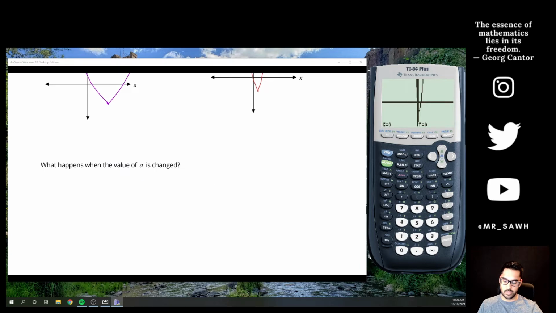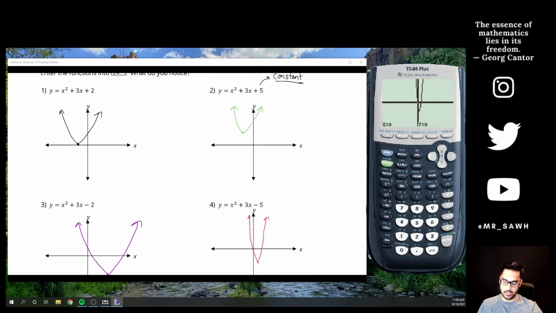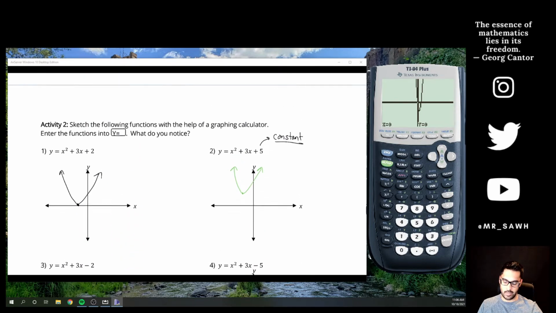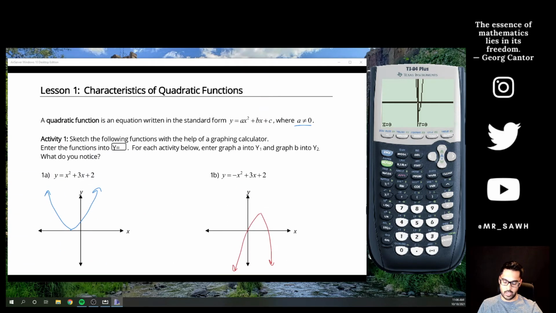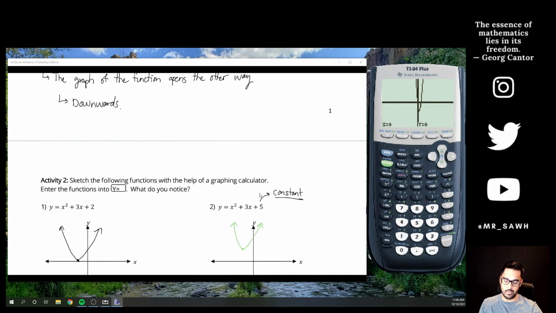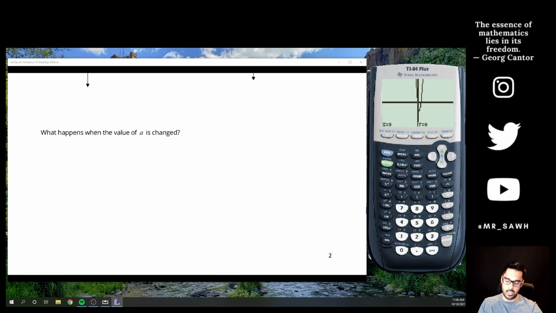Okay, and what we can say is when the value of a is changed, well, it's not a this time that we're talking about. We're talking about our constant number, so really it should be c. That was a little bit of a typo there. So we'll say when the value of c is changed, the graph can move left, right, up, or down, right?